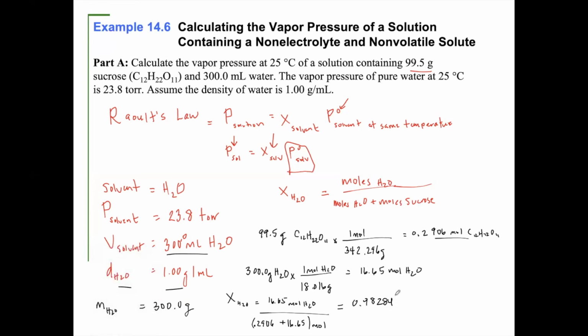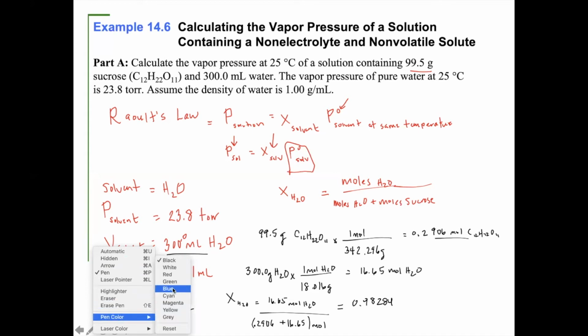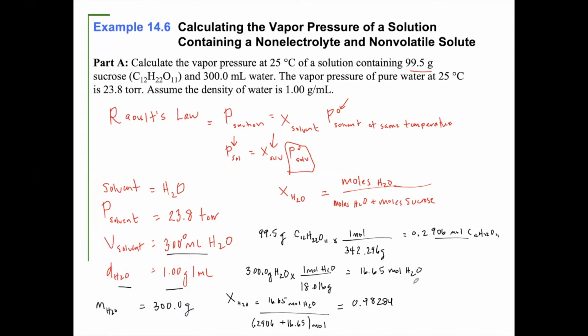Okay, now finally, to find the pressure of the solution, we're going to plug this information into the Raoult's law equation. So that will be this last part here in blue. The pressure of the solution is going to be the mole fraction of the solvent times the pressure of the solvent.